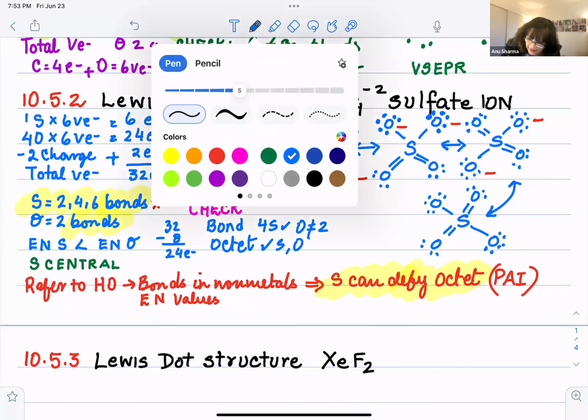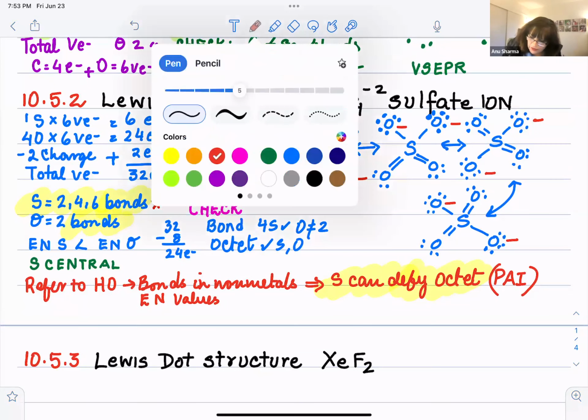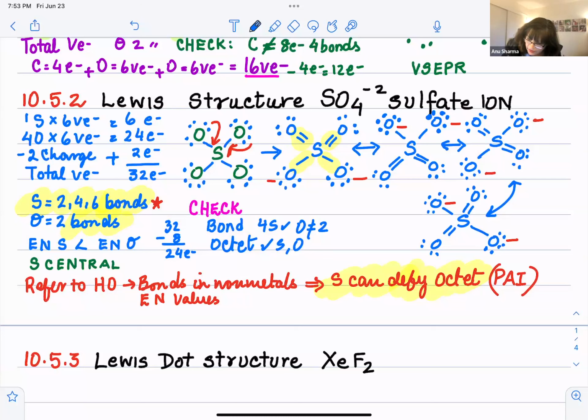And then here we have a negative charge, and here we have a negative charge. And then this goes on continuously.